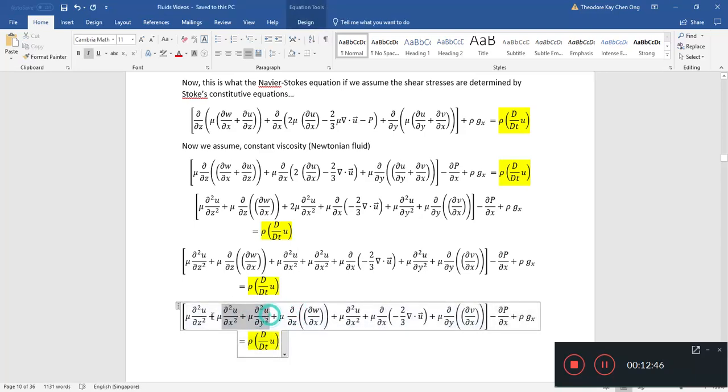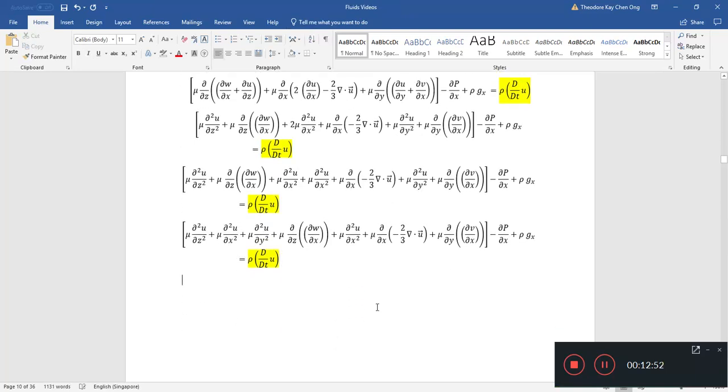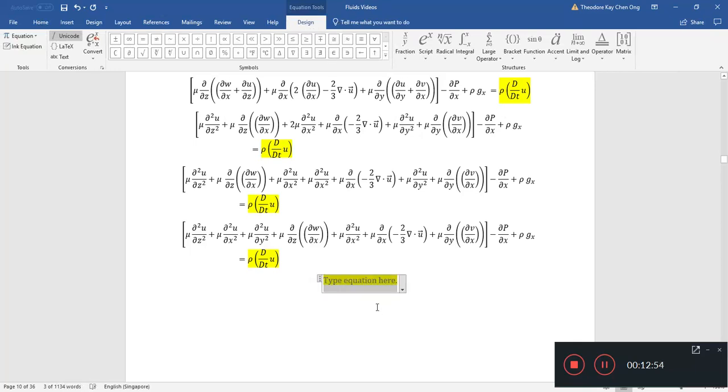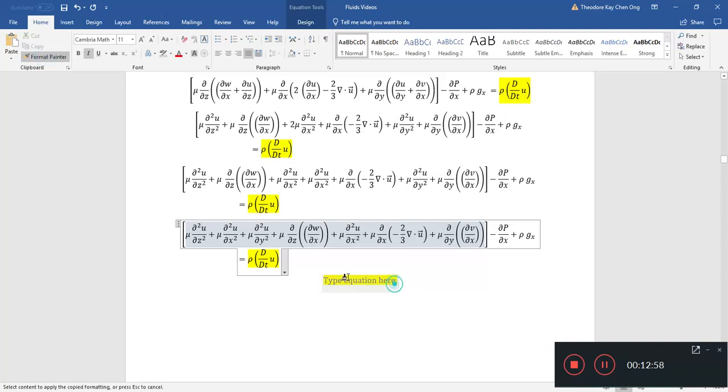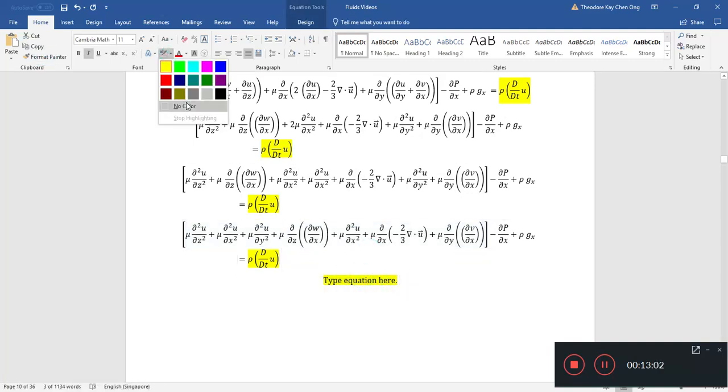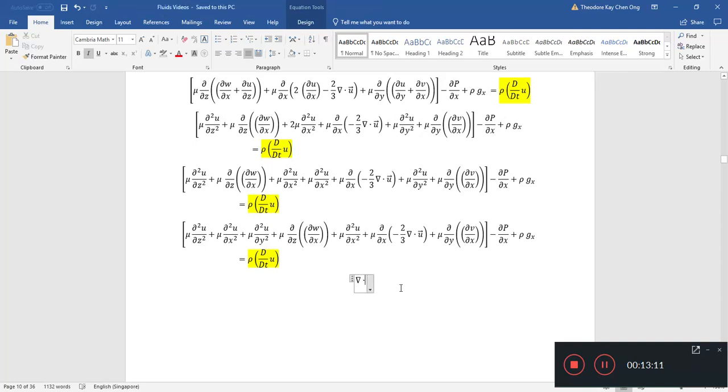So these 3. What can we use? We can use something like what we have done before. So nabla, or the divergence.